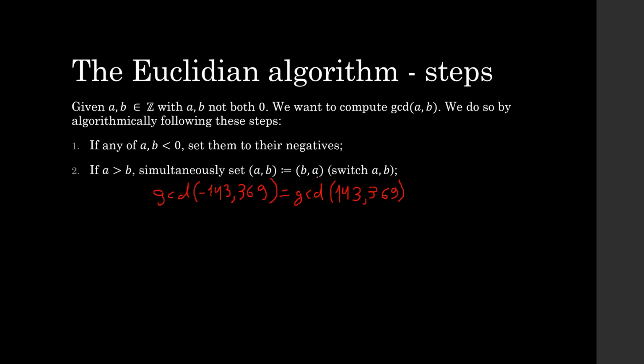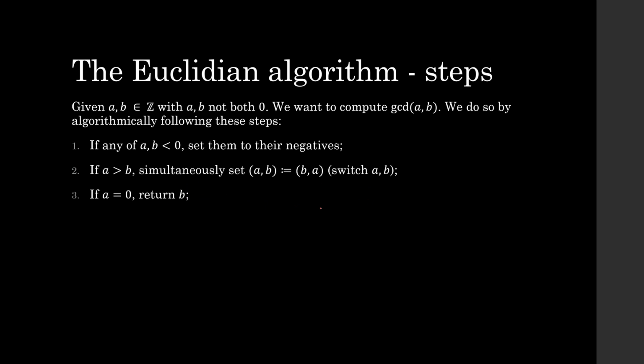I'm just switching this tuple. In this case, a is smaller than b, so we're not going to switch it. But if we started with 369, 143 instead of 143, 369, then we'd also get to this same input here. That's all so that we can talk about the next steps specifically instead of generally, if we know we have some ordering on our inputs.